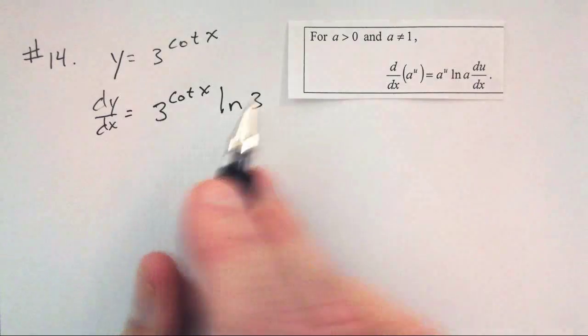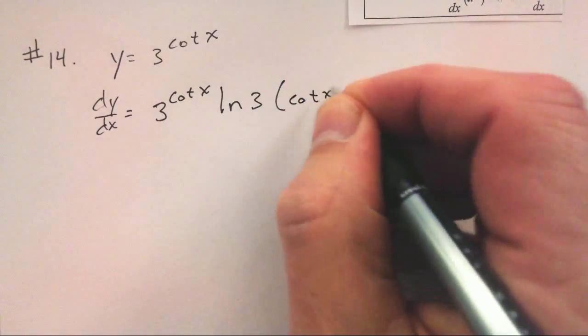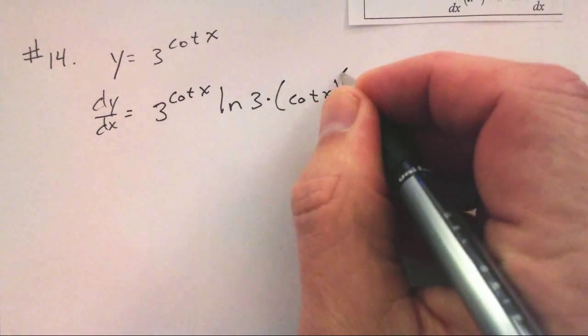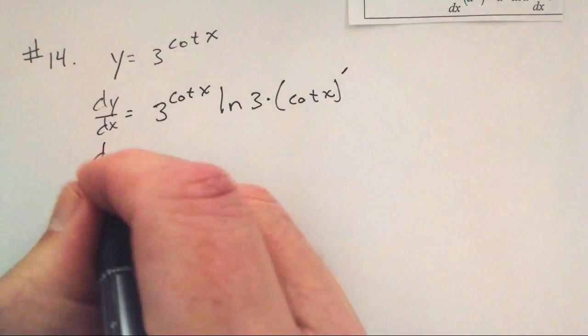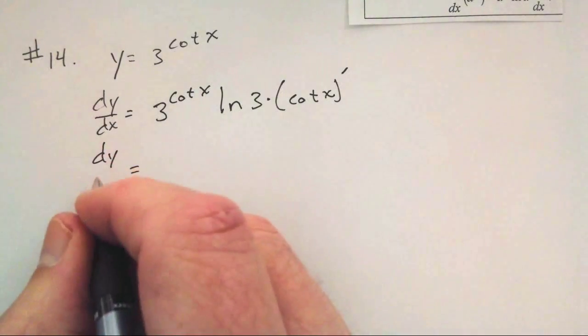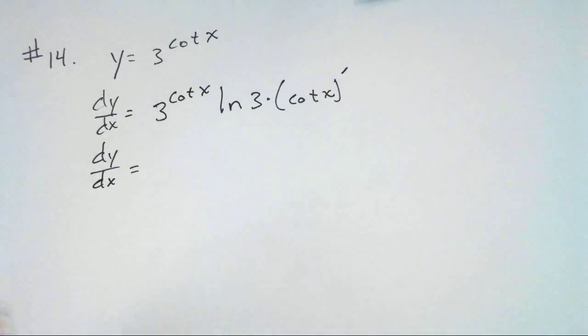I wish it was e. But I still need to take cotangent of x's derivative. And cotangent of x's derivative is negative cosecant squared x. How are you doing learning those trig derivatives? Boy, if you don't know your trig derivatives and you don't learn these ones we're working on now, it's going to be a rough test for you.